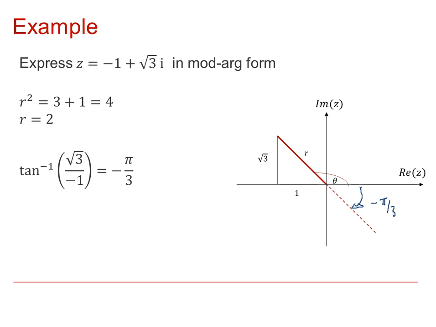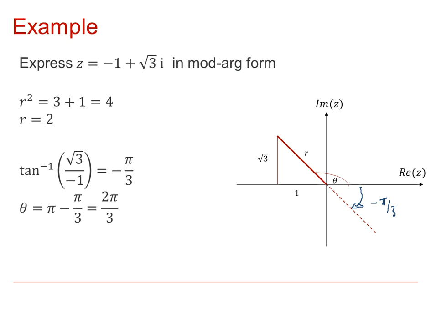So what we need to do to get the correct value for the argument is to add pi to that. So the angle theta there is pi minus pi over 3, which gives you 2 pi over 3.